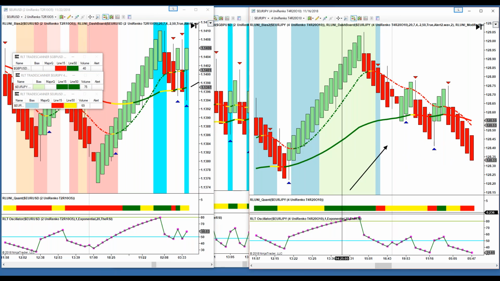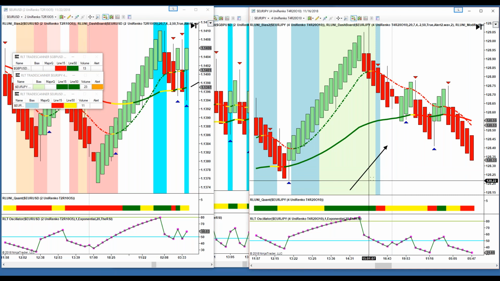We have three correlative markets in here. And essentially what this is, is an assessment of money flow. These are institutional and Forex commercial traders rotating their money from one Forex pair to the other.